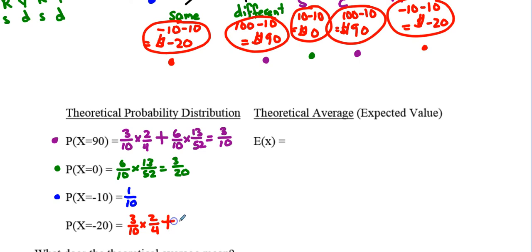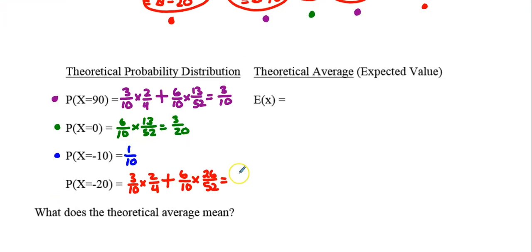Or the other option is rolling a 4 or more, which has a probability of 6 over 10, and drawing a red card, which is a probability of 26 over 52. And that works out to 9 over 20.